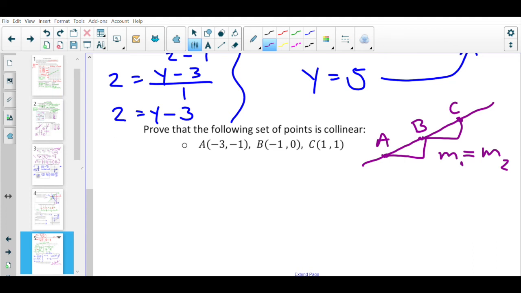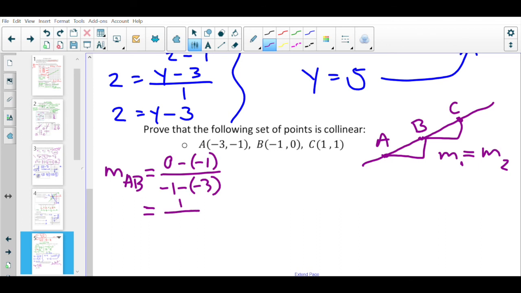Let's calculate the slope of AB, and that is 0 minus negative 1 over negative 1 minus negative 3. The numerator is 1, over negative 1 plus 3 is 2. So the slope of AB is 1/2.